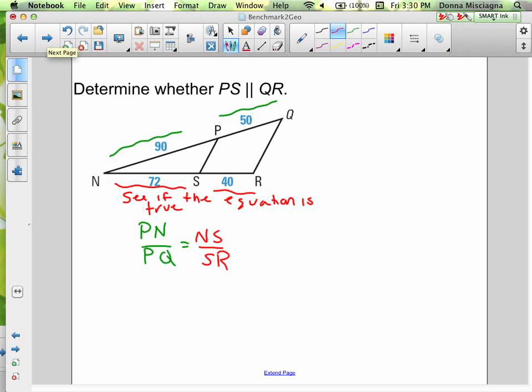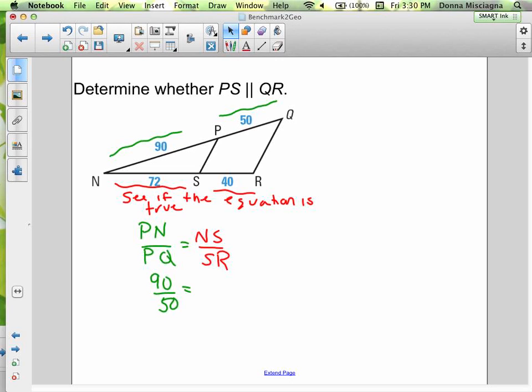Let's plug the numbers in. PN is 90, and PQ is 50, and NS is 72, and SR is 40. So now let's reduce.